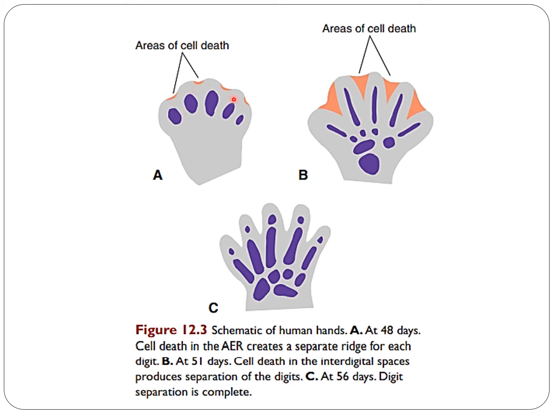Initially, these areas will start to die through the process of apoptosis, and this is the area of the apical ectodermal ridge. So separate ridges are formed, and cell death starts to take place in between these clefts.